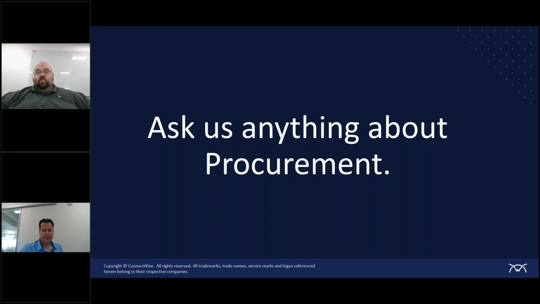Sorry, our next question here was asking about integration that allows the distributor to put the tracking information into ConnectWise. And I was just letting Jamie know that that can be done currently through electronic ordering with CPQ.